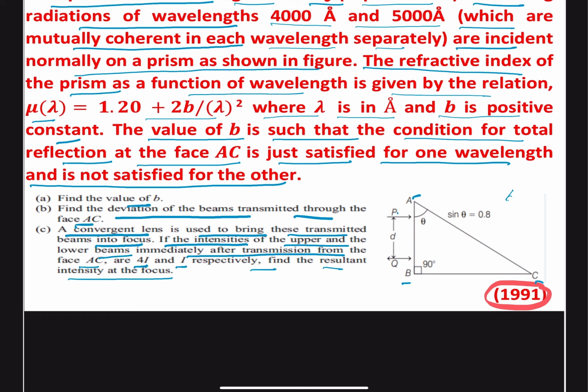And we also mentioned sine of theta is point A. So first we have to find out the value of b, but the important point here is that the value of b is such that the condition for total internal reflection at face AC is just satisfied for one of the wavelengths. It means one wavelength, either P or Q, will be totally internally reflected at the face AC, and we have to first of all find out which will be that particular wavelength, whether it will be P or whether it will be Q.